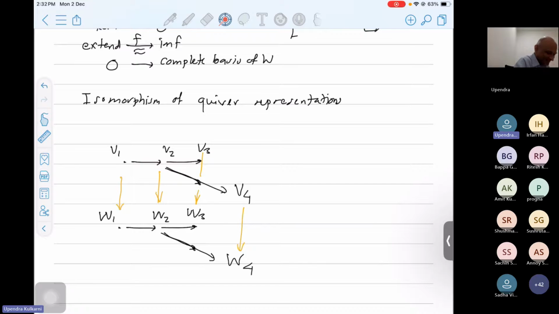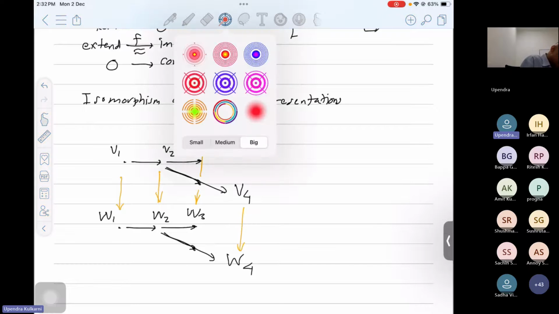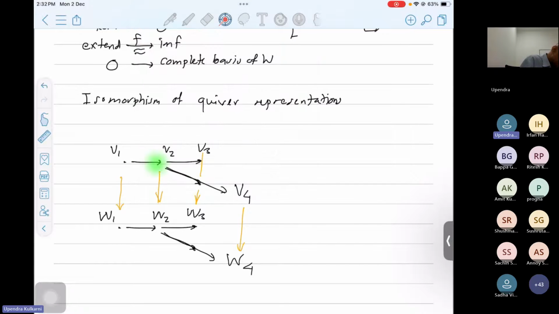Anyway, so imagine that the top V is sitting on a page and the W is sitting on a page underneath. So all of the black arrows are really horizontal, and all of the mango colored arrows are vertical, right? So you are going to have a square, correct? And what you want to see is that you want to have this square commute. So let's write this a bit more formally.